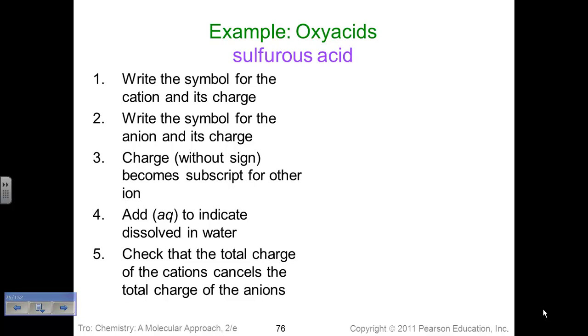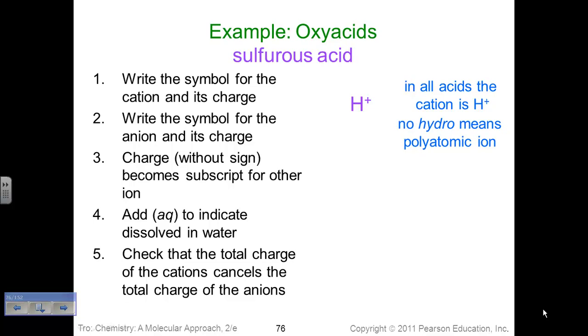What about us? Here's an example, sulfurous acid. It's an oxyacid, I know right away, because I don't hear the prefix hydro. What do we now know that will be the positive ion, always for acids? Well, yes, it's the H+ ion. OUS came from the original ending, ite.